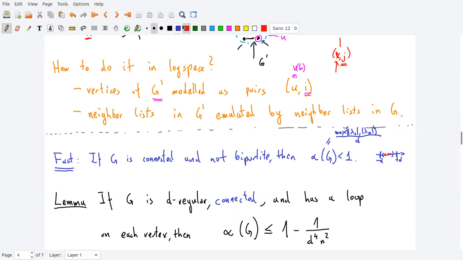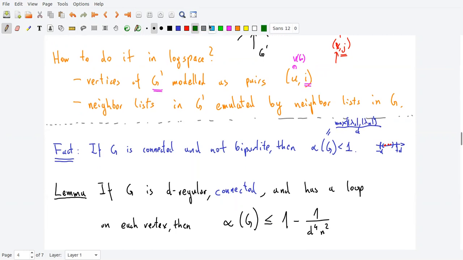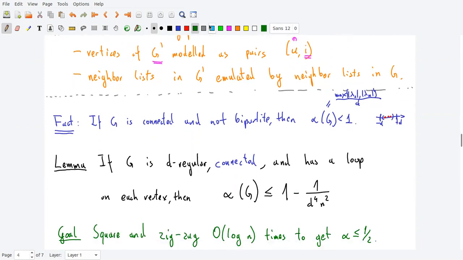And if you look at this argument a little bit closer, and this is what we will do during the tutorials, you can squeeze a little bit more. Namely, if you have a d-regular graph that is connected, and say for simplicity has a loop at each vertex, then I claim that alpha, this ratio between non-trivial eigenvalues and the trivial eigenvalue, is smaller than 1 minus some small amount, 1 over d to the 4 times n squared.